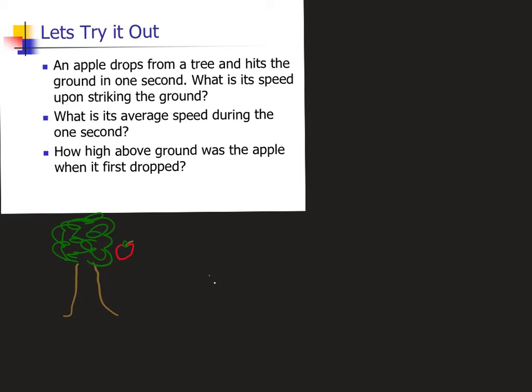The time it took for the object to fall would be 1 second. Gravity is going to equal 9.81. We want to know V sub f.